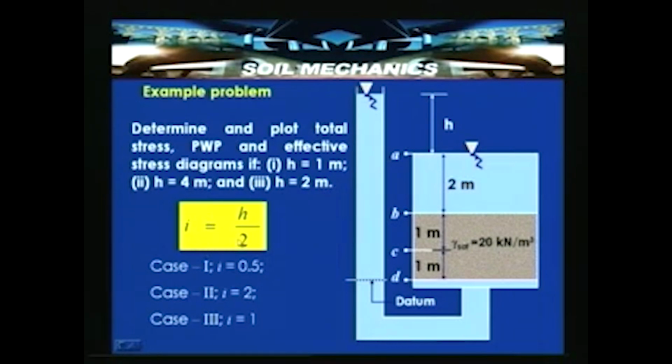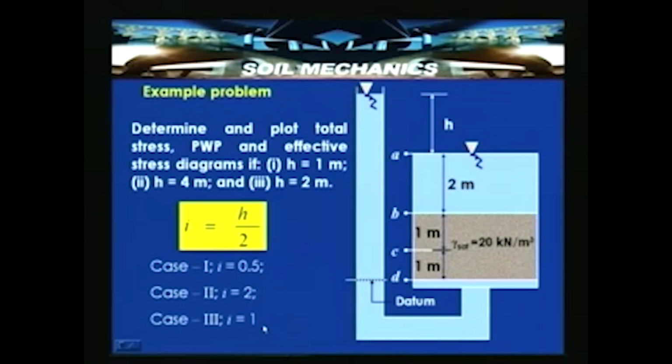If you look into it, the generalized expression is i is equal to h by 2, because the length over which the flow is taking place is 2 meters. For case 1, the hydraulic gradient i is equal to 0.5, because h is equal to 1 meter, so 1 by 2 is 0.5. In case 2, i is equal to 4 by 2, that is 2. In case 3, i is equal to 1.